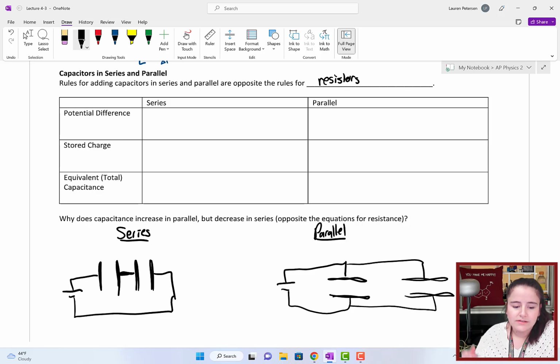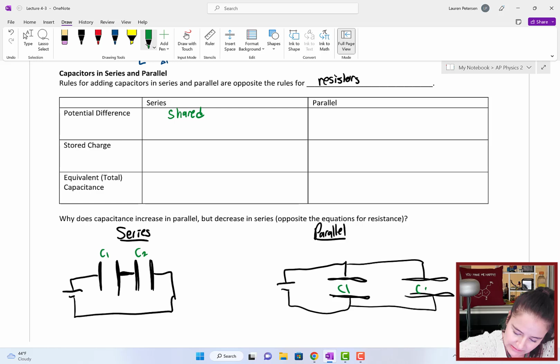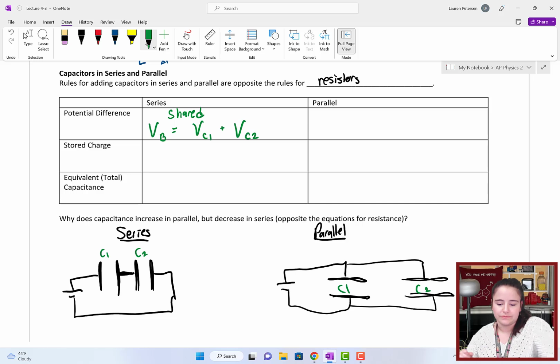So let's think first about the voltage. Voltage doesn't change. In a series circuit, it will be shared. So if this is C1, this is C2, it's shared. The voltage of the battery will equal the voltage of C1 plus the voltage of C2.